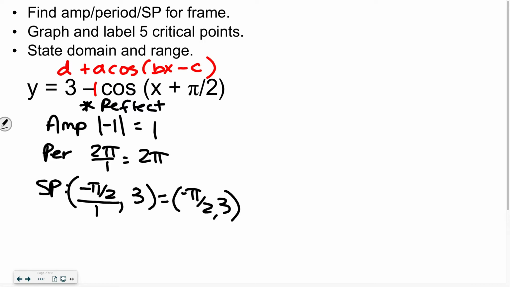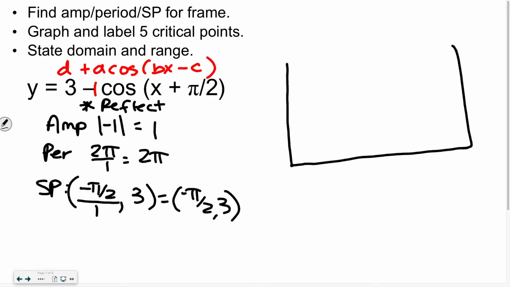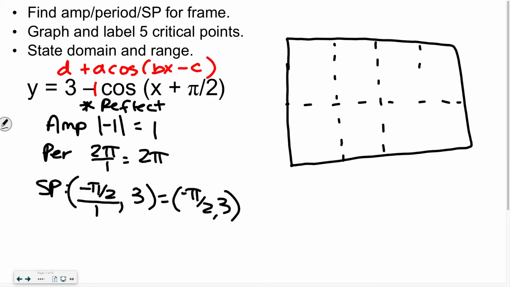Now what I really want you to focus on in this one is when you build the frame with the vertical shift. You gotta be real careful here at your starting point. It's -pi halves, 3. So you started by going up 3. If your amplitude is 1, what's your max point? 4.